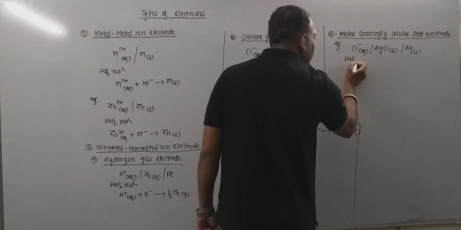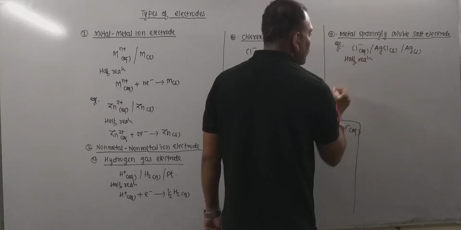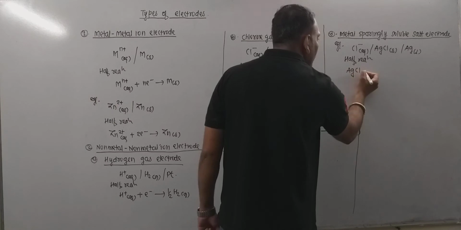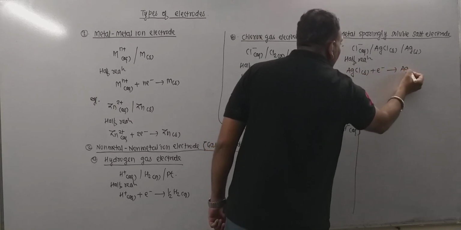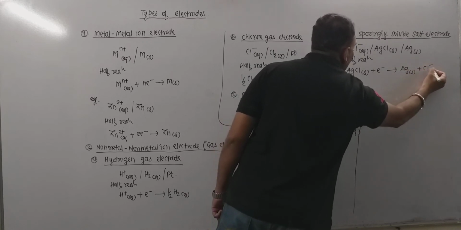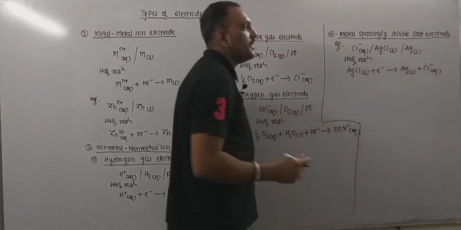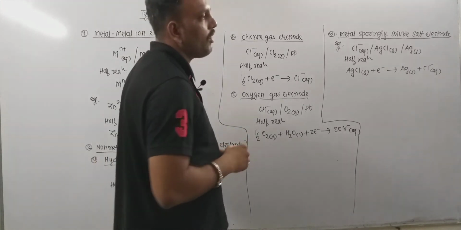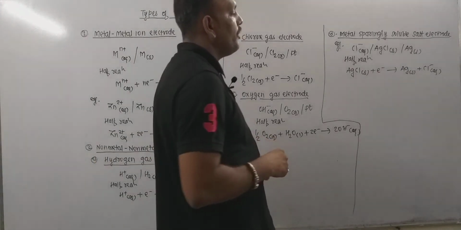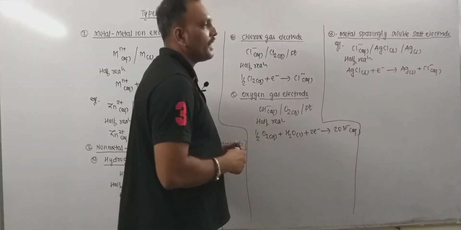So, the half reaction for this is given as AgCl solid plus electron gives Ag solid plus Cl- aqueous. So this is the half reaction taking place if we use this as an electrode.